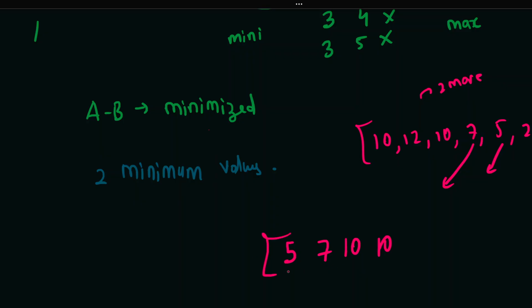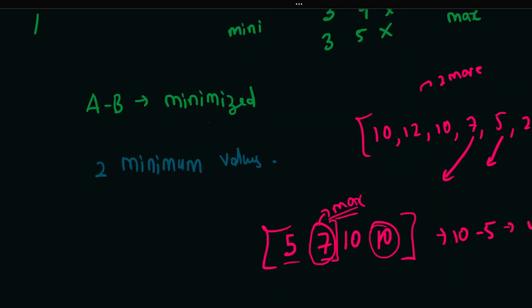But in this case, if you choose two minimum values, what is happening? This is no longer the maximum, right? If there were only two elements, that would be the maximum. But that is no longer the maximum. So 10 will become the maximum. So the answer will be 10 minus 5. Correct?